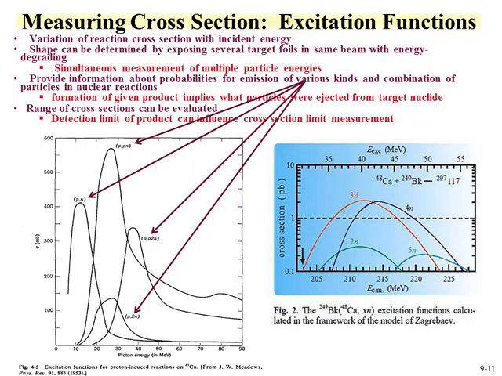So if we perform a reaction, and we provide information about the products, we can get cross-sectional data by looking at the change of the product concentration as a function of energy. We can actually perform these experiments simultaneously if we have a number of different targets in a system.